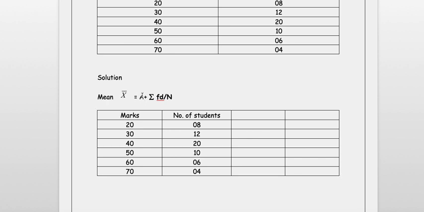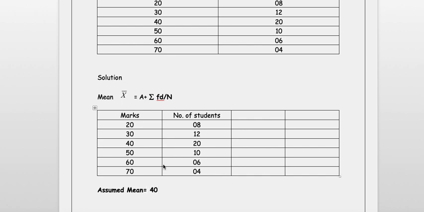Assume mean is nothing but whatever we have in x, any number you can take, preferably the number which is in the middle. So let us take 40 as assume mean. So we can just write assume mean. Let us take it as 40, right?